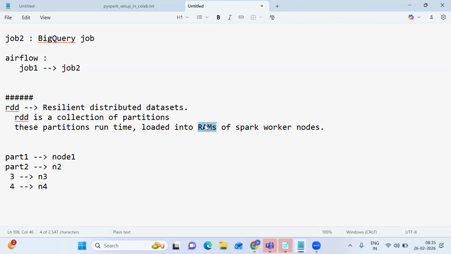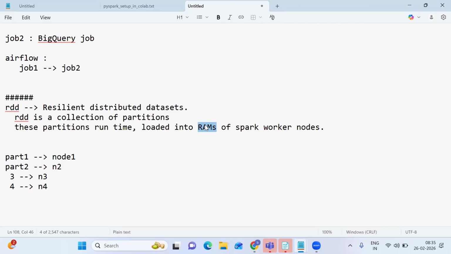Now you tell me, I have 1 terabyte of data. The query is the same, I want total sales. But for my table, the input volume is 1 terabyte. If you run it on a normal database, it will take 1 hour. If I execute the same query in Spark, I get the result in just 30 seconds.